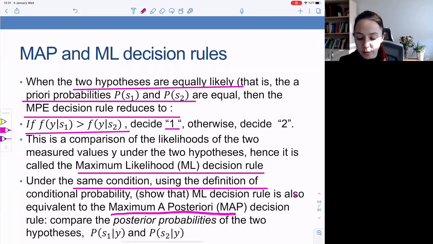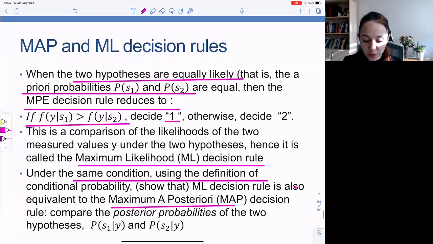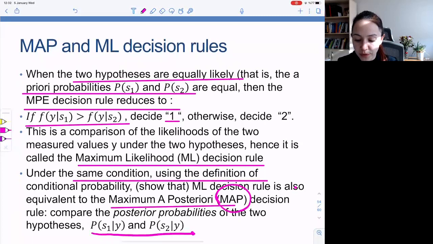In other words, the maximum a posteriori decision rule, which compares the posterior probabilities of the two hypotheses. Given I observed Y, what are the posterior probabilities of the two hypotheses S1 and S2? This is called the MAP decision rule.